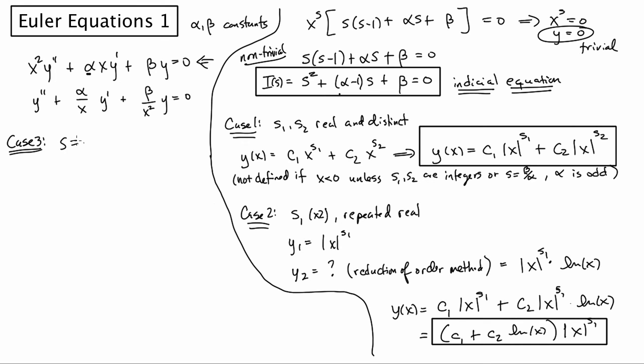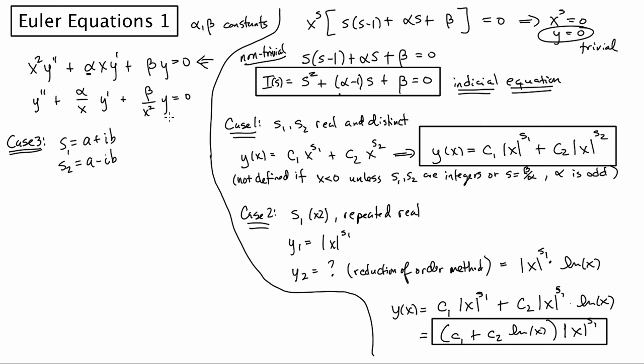So for example, S1 is alpha plus I beta, and S2 is... well, let's not use alpha. Let's use different values. Let's use A and B since we have alpha in our original equation here. So S1 would be A plus IB, and S2 would be A minus IB.